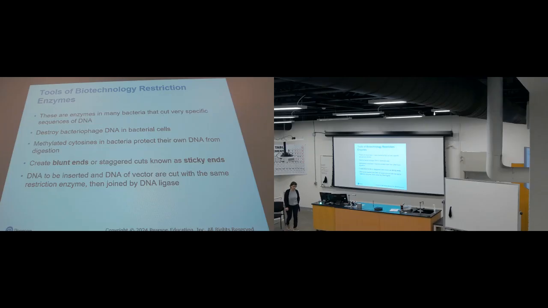So you have available many enzymes called restriction enzymes that can help you to cut DNA at specific sites. And in the case of these restriction enzymes, we have two types.